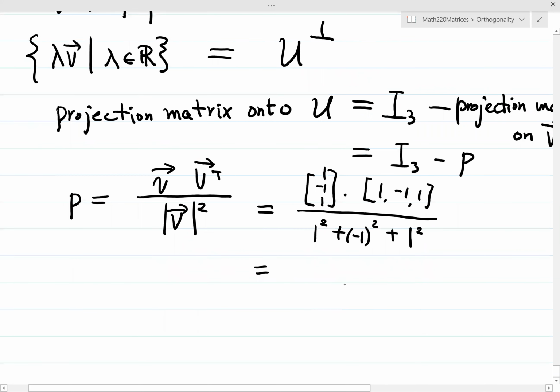Now the matrix, what you get is, you repeat the row according to the multiples 1, -1, 1. So we repeat according to the first row.